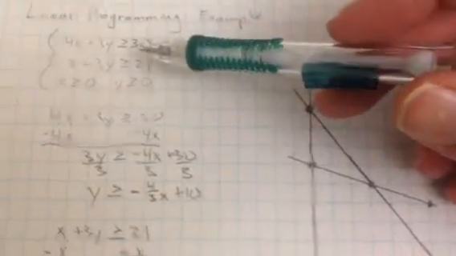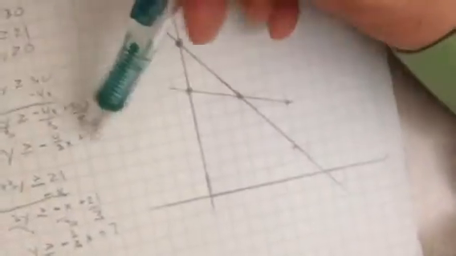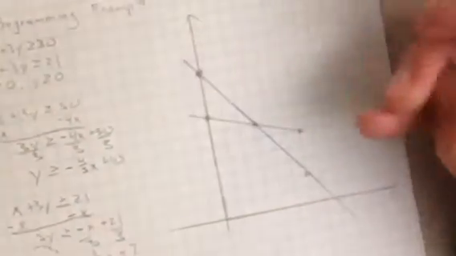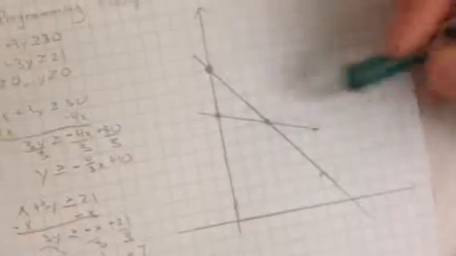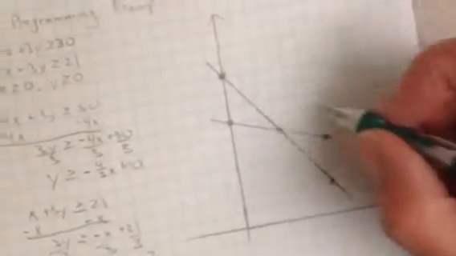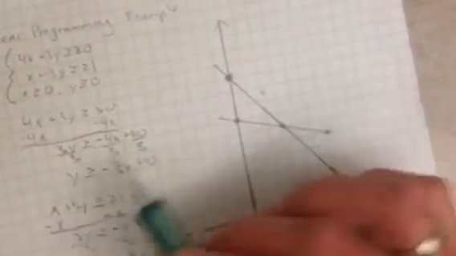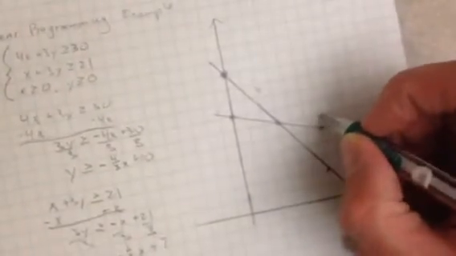So, our shading spot. We're going to be greater than for here, right? So, if we are looking for greater than, we're going to be in this space, and we're going to be in this space.